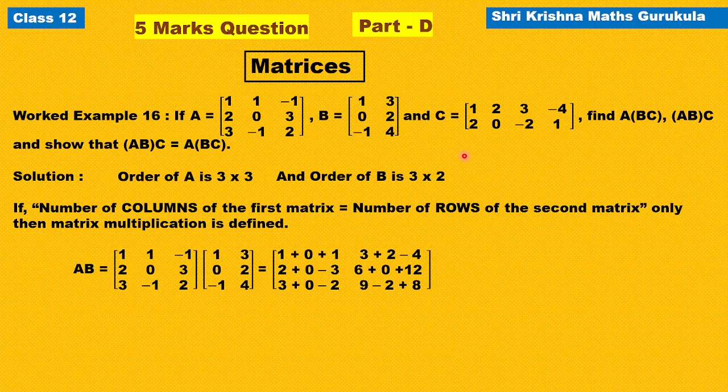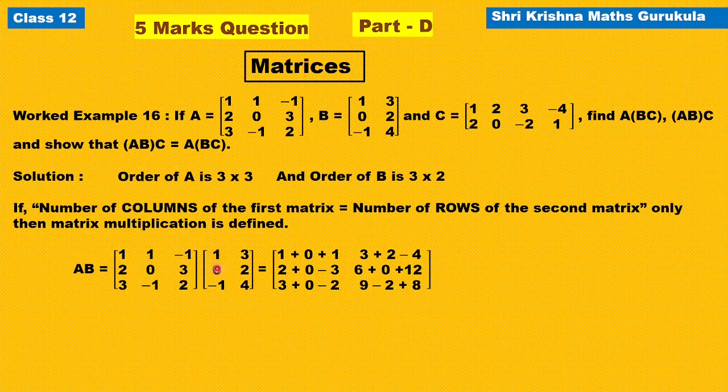Is that clear? Now, I have written A into B. So, matrix A and this is matrix B. So, in brief, let me explain how do we multiply any two matrices. First, we consider the first row of the first matrix.